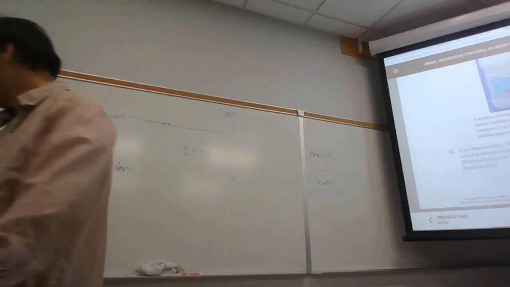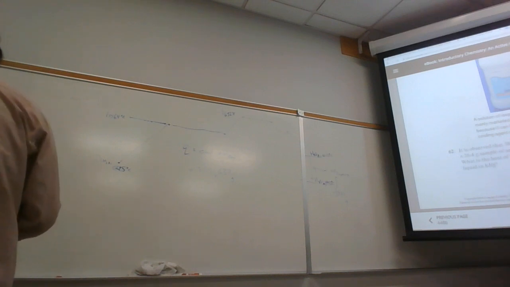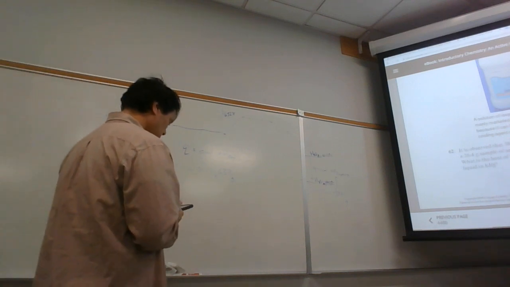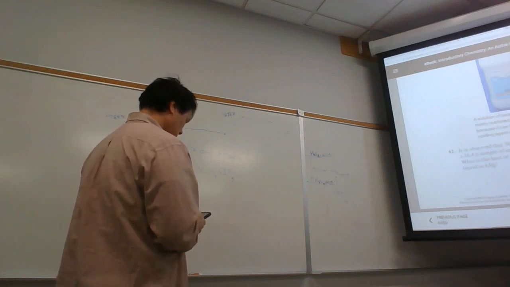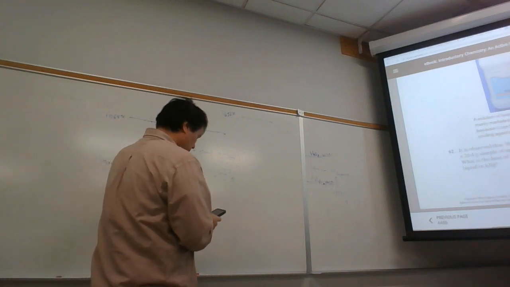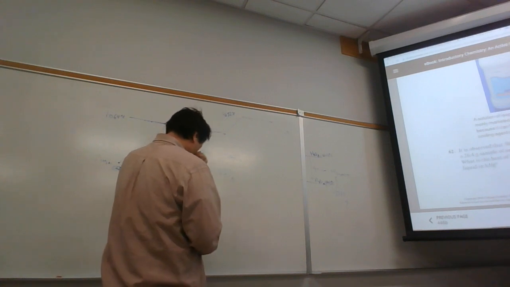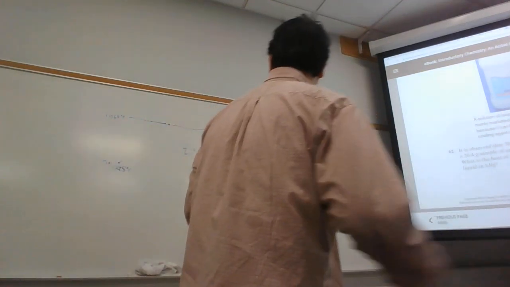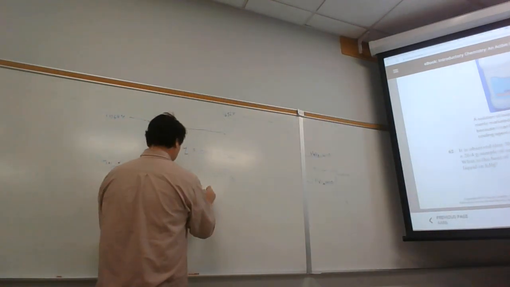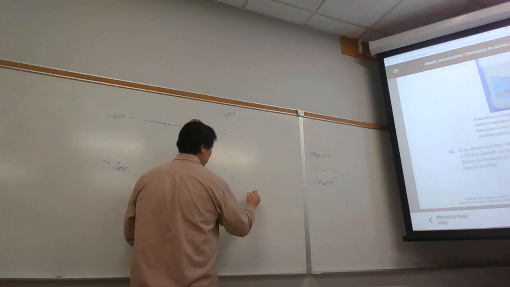So 35.4 times 63 is 2,230.2 joules, which is going to equal 2.23 kilojoules.